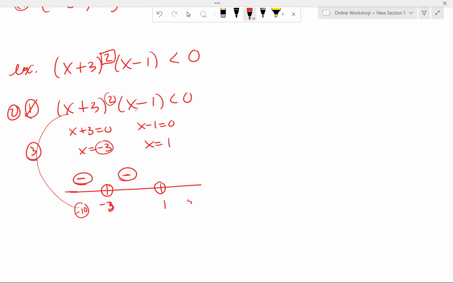Now, if I pick, say, 5, which is to the right of 1 on the number line, I can pick 5, 10, any number you want. It just has to be greater than 1. Put that in for x into each of these. 5 plus 3 is 8, squared is a positive. 5 minus 1 is a positive 4, and a positive times a positive is a positive. It will change signs.